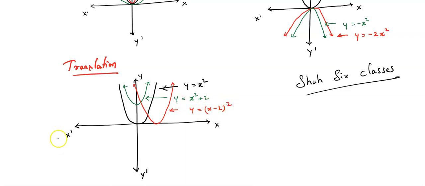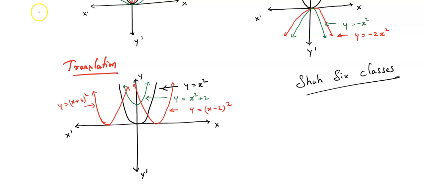Okay, and then we have one more parabola curve. So this is y equals x plus 3 whole square. You can find the axis of symmetry, the turning point, and x-intercept, y-intercept in these planes, right? Good.